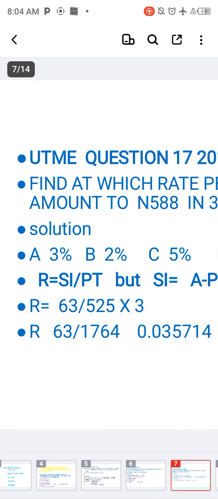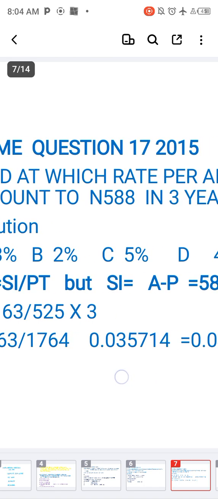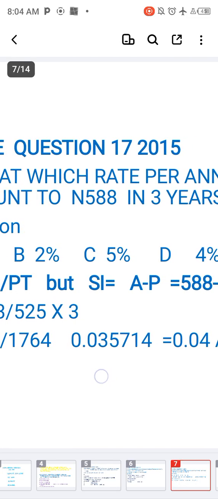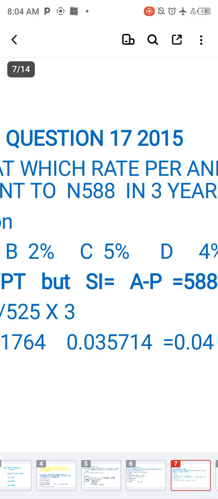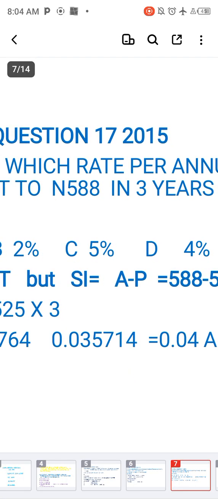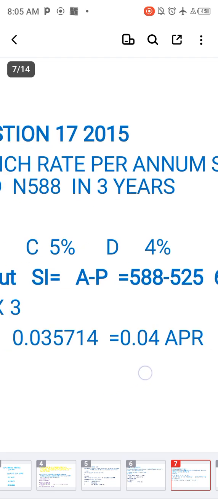The rate is equal to 63 over 525 times 3, which is 63 over 1575, which is equal to 0.04 when approximated.